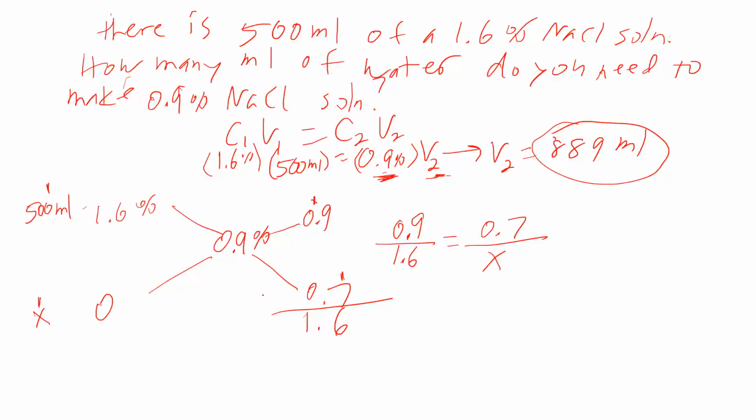These are all ratios. You can set them equal to each other, and you'll find out X. So if I figure out X, that would be 0.9x equals 0.7 times 1.6.